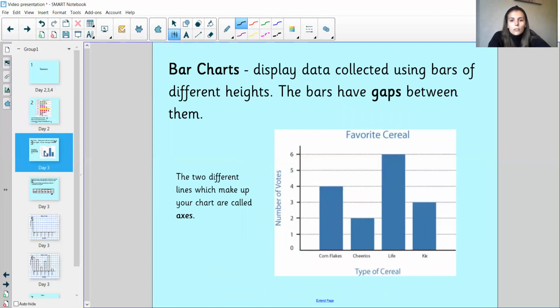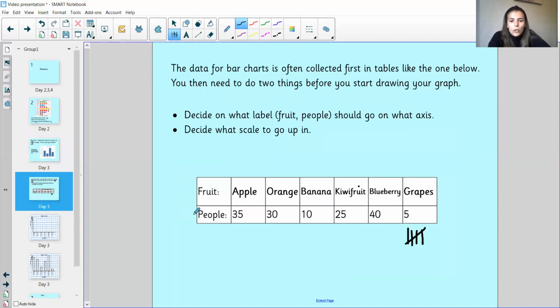So bar charts collect data using bars of different heights, which have gaps between them. They have 2 axes, which are these lines here, which show the data. Before we create the bar chart, the data is often collected in something like this, which is a table.